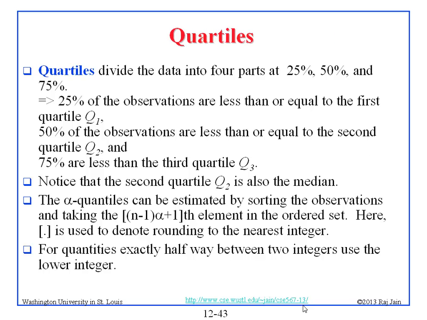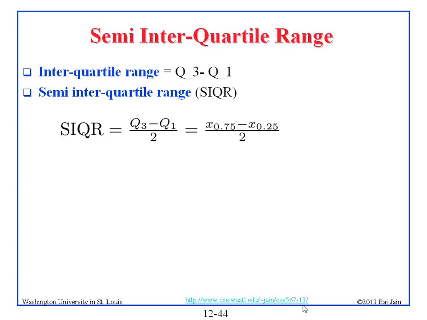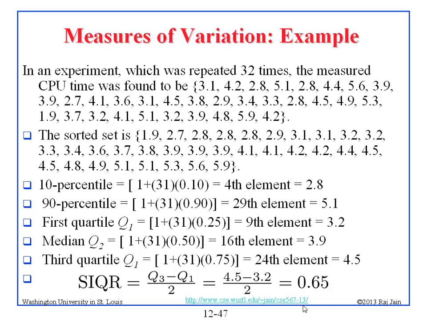Remember this one: n minus 1 times alpha plus 1. That comes out to 3.1 plus 1 is 4.1. Rounded basically, not up or down, 4.1 rounded is 4, and therefore you take the fourth element.